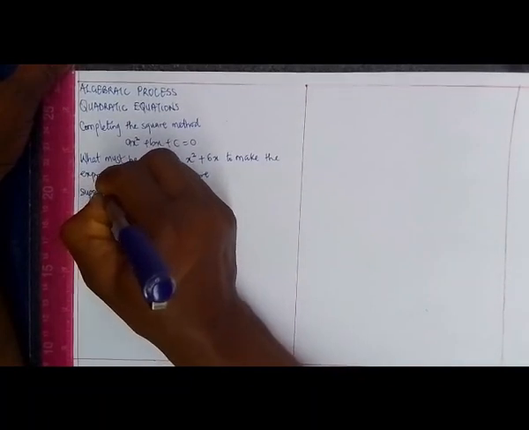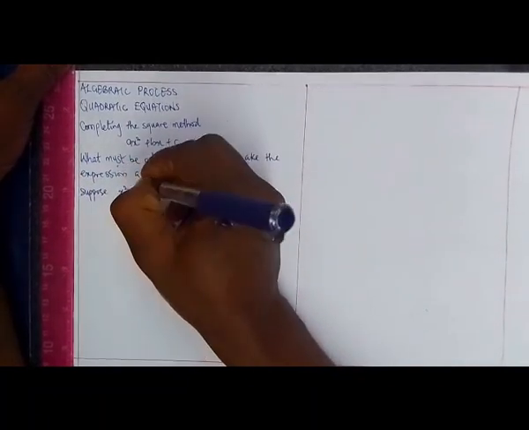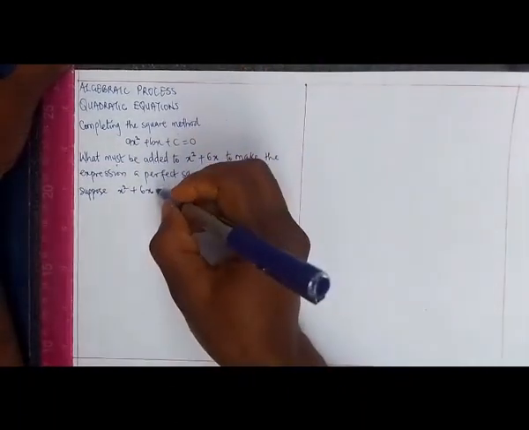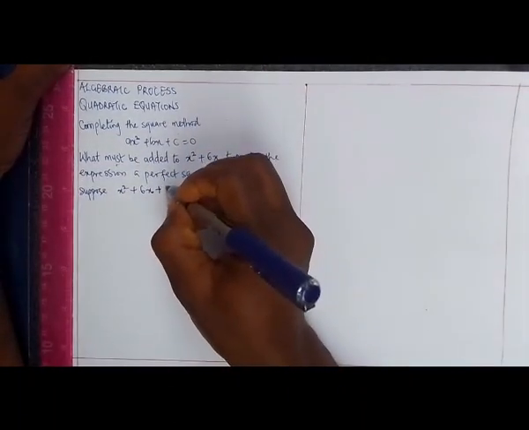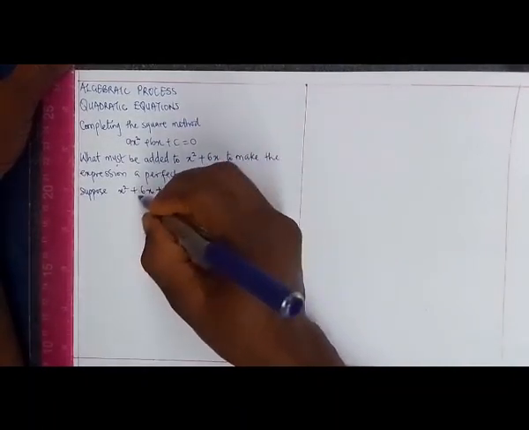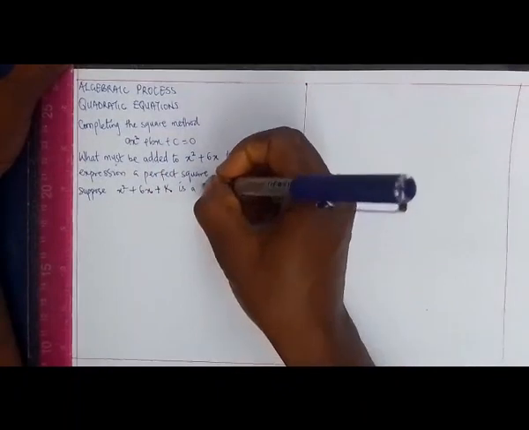Suppose x squared plus 6x. Remember, a quadratic comes in this form, so let's add a constant. Let's call the constant k. If I add k to this, it has made it a perfect square.